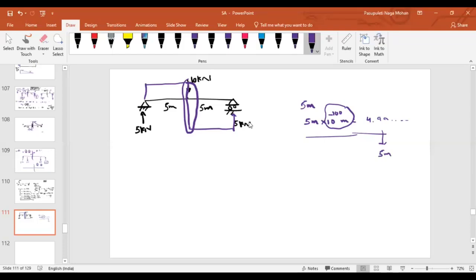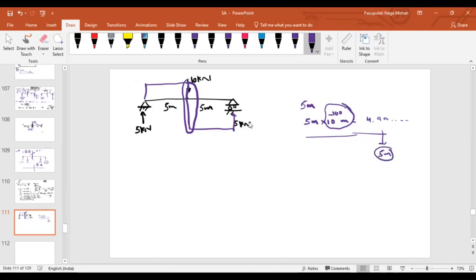The point is not the distance, like 5 meter, or what exactly the distance is that we are telling, just to the left or just to the right. In a physical sense, we are talking about just to the left of that section, just to the right of that section. But in the calculation, we will take 5 meters only. Why?